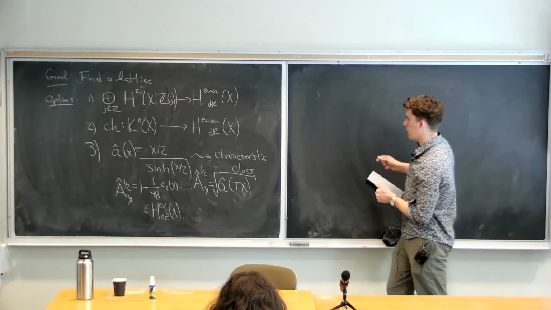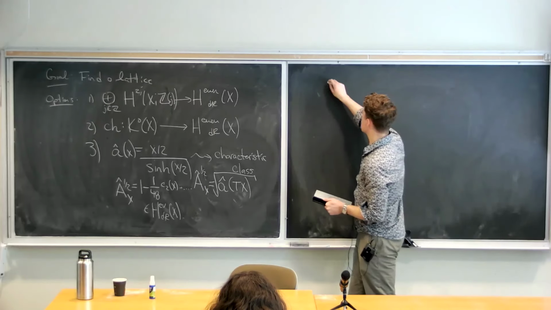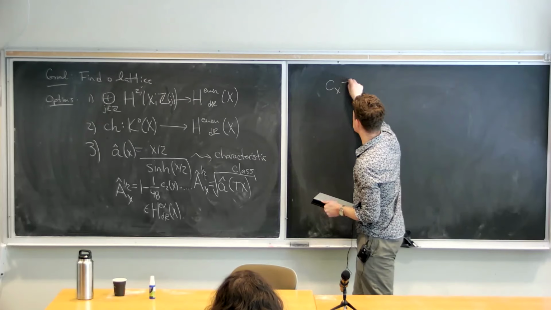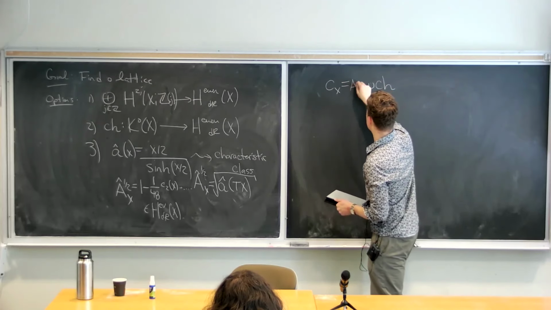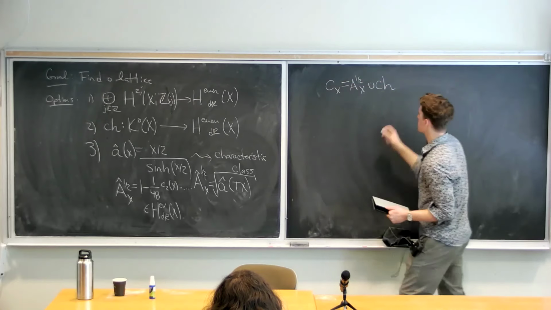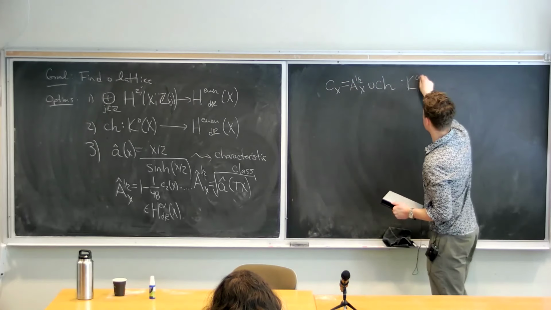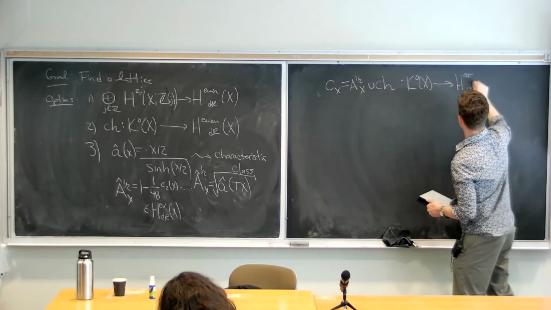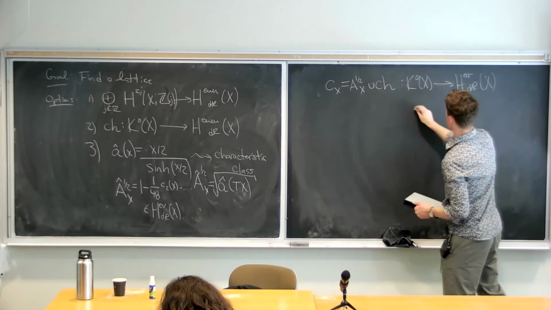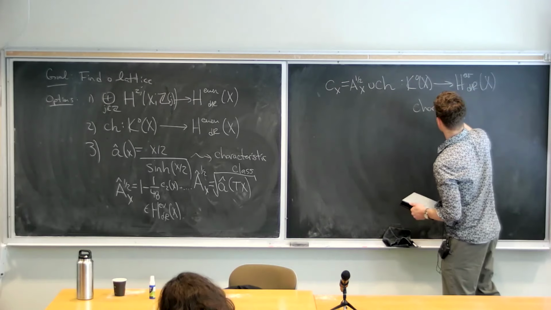Yeah. So sorry, I never actually said what this map was. The map we'll call C_X. I'm going to do the Chern character, and then I'm going to cup with this characteristic class. So this is now a map from K theory of X into the even cohomology of X. And this is what I'm going to take. It's called the charge lattice.